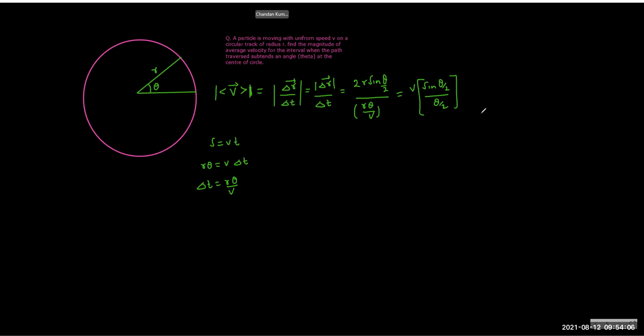Yeah, that's the right answer. It's a simple Pythagoras. The base and perpendicular are r and r, so the hypotenuse will be root 2r. That's obvious. And now comes the time interval. How much time will it take to go from there to there?